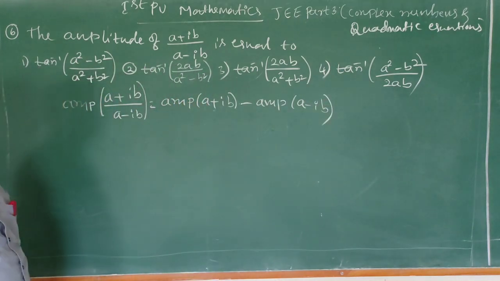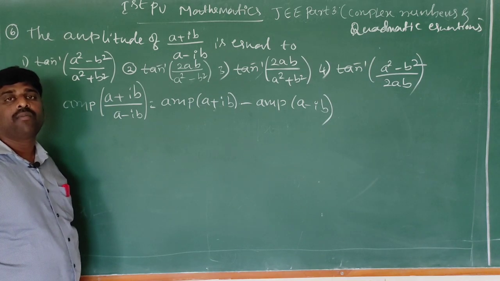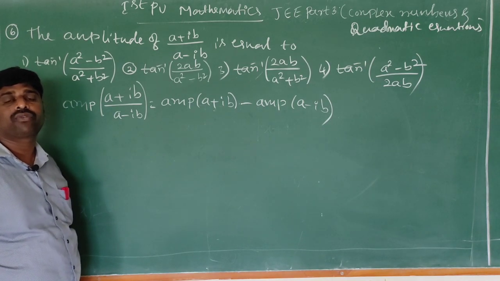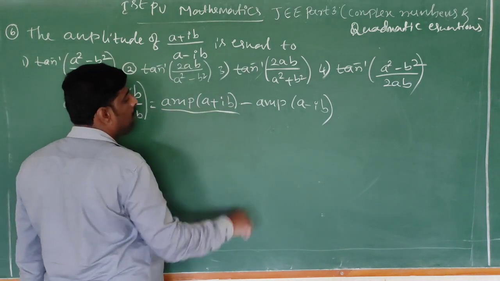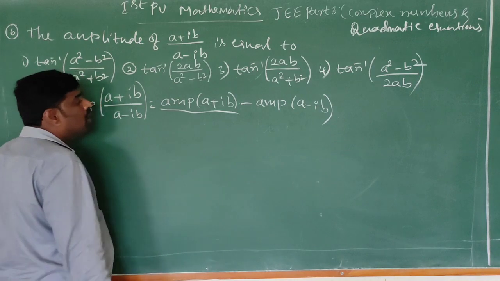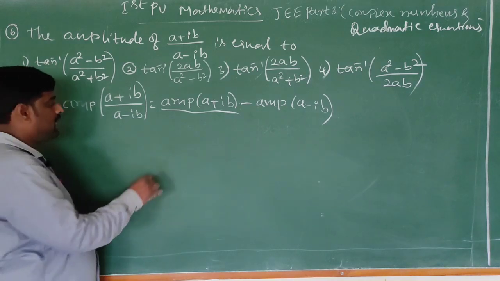The property is that amplitude of z1 divided by z2 is amplitude of z1 minus amplitude of z2. Now the amplitude formula is tan inverse b by a.